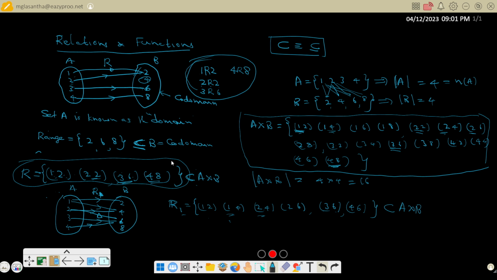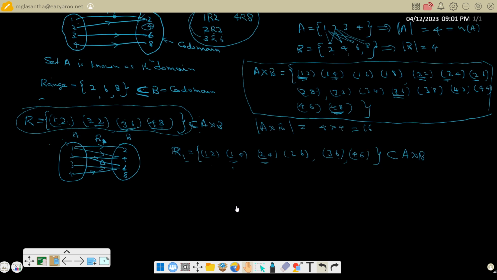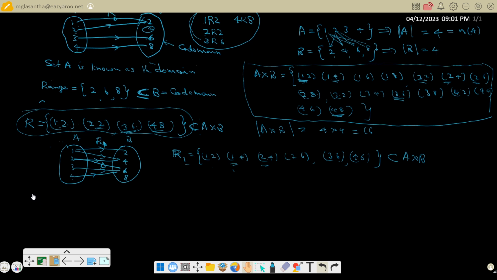How many subsets can you form using A cross B? That we also discussed earlier. Number of subsets of A cross B.